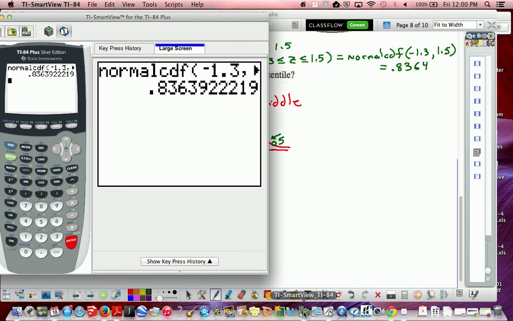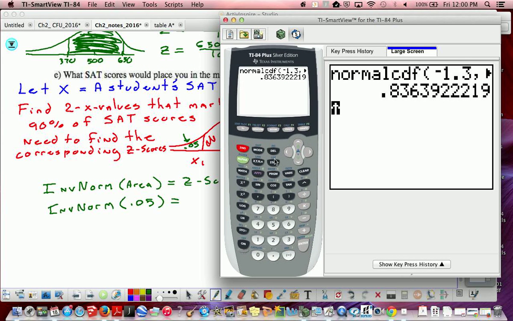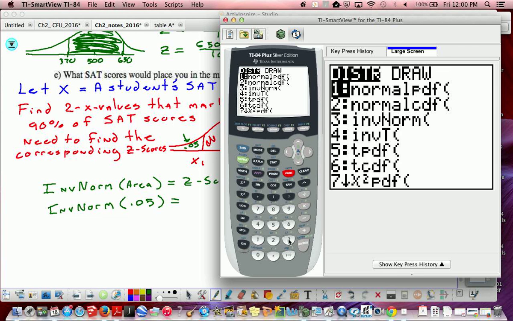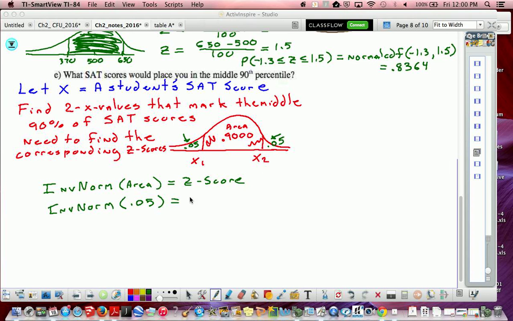On my calculator, second VARS, number 3 of 0.05. I get negative 1.6448..., and with a z-score I just rounded to 2 decimals, negative 1.65. So the lower bound score is negative 1.65 standard deviations away from the mean.